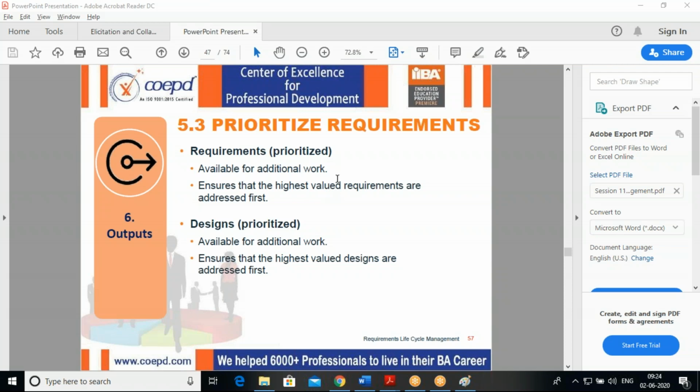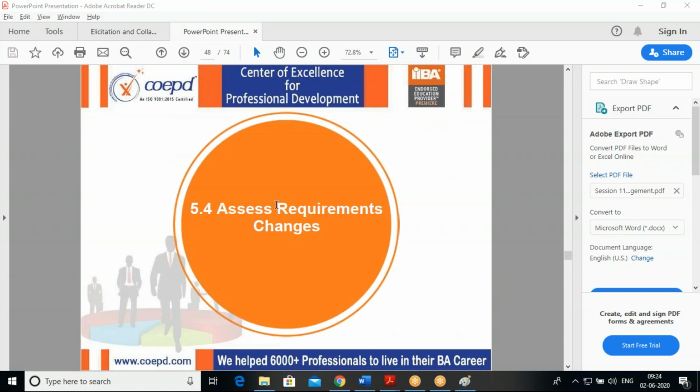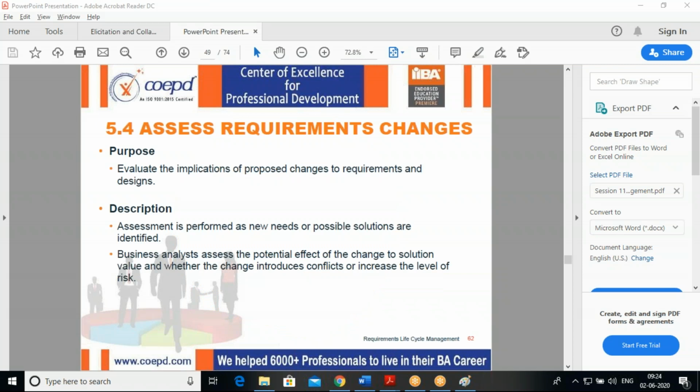Then only will this case study get clarity about what you are trying to do. So first prepare 10 requirements and 10 designs, and from there you can bring more clarity to this knowledge area. Okay, assess requirements changes.